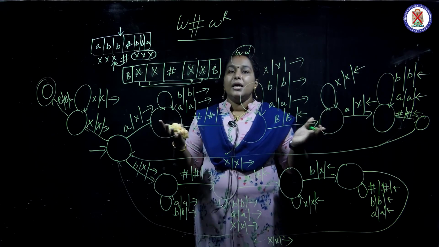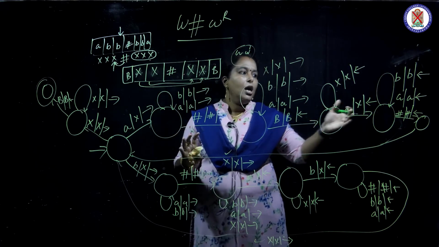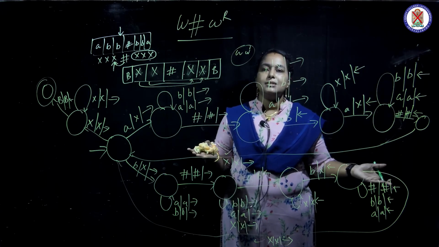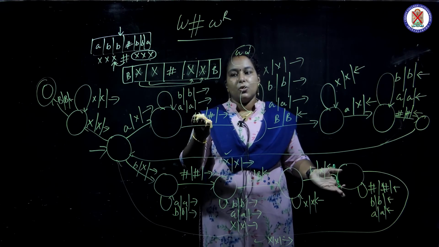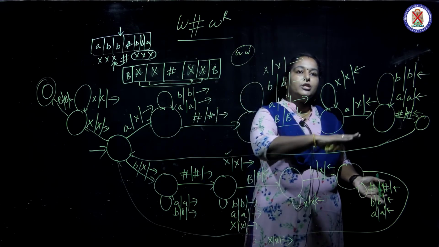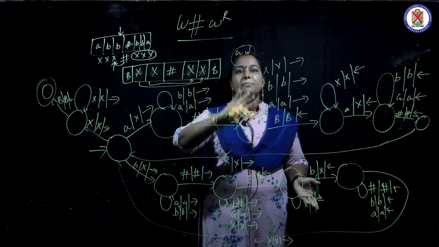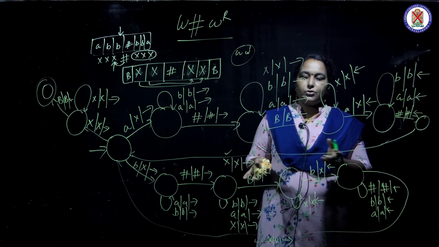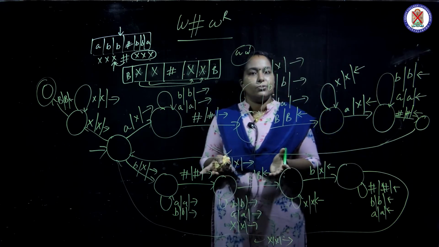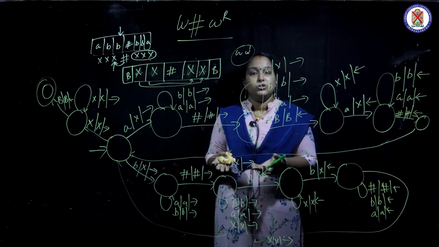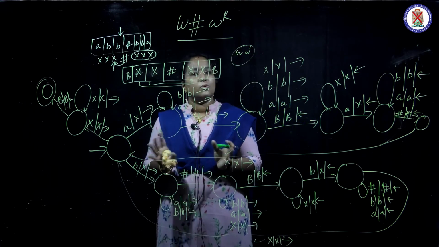So it can be done as a bypassing condition, or you can make it in a different state also, because hash is seen only one time, and at other times we are not checking for the hash, so hash will not come in between this. Okay, so if you want, you can draw this like this also, it's also correct. There will be double checking only, but the logic which I drew previously was also correct.